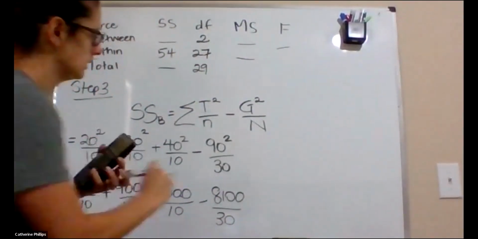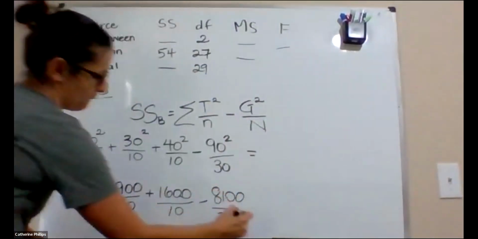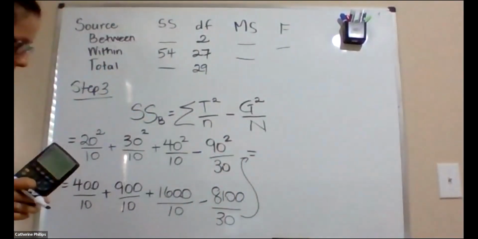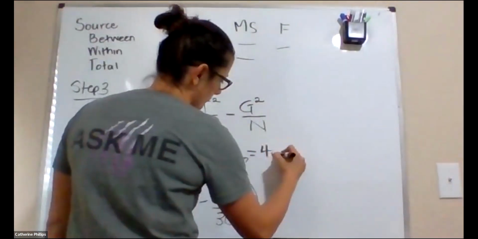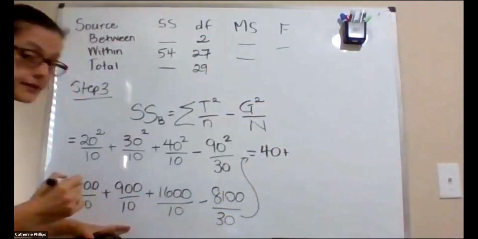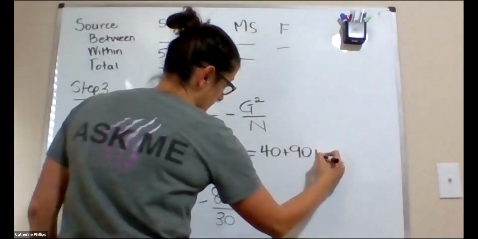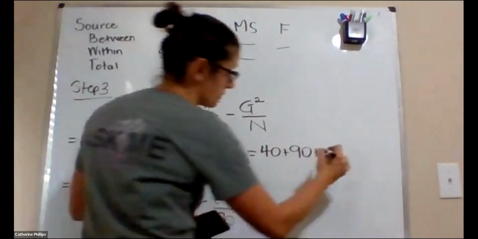So I've run out of space, so I'm going to go up here like that. So 400 divided by 10 is 40. 900 divided by 10 is 90. 1600 divided by 10 is 160.